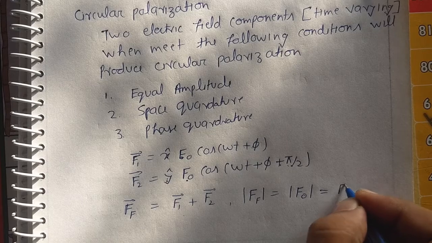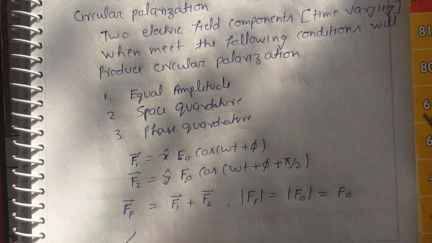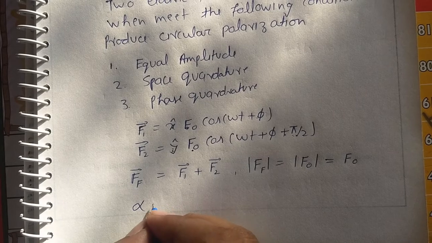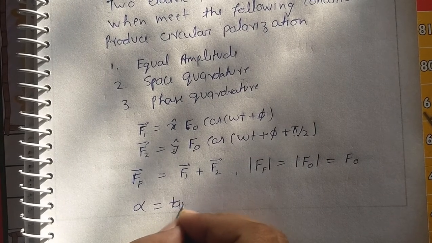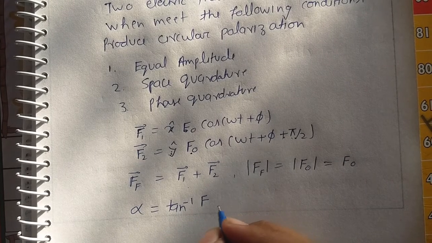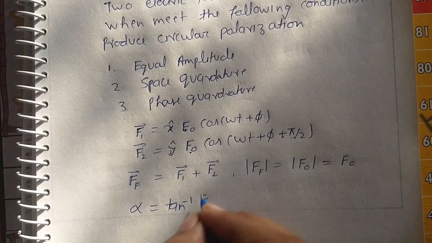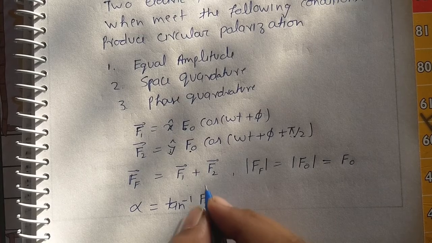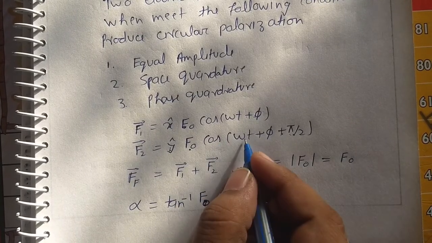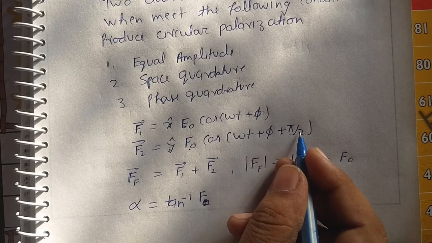Okay, you can write here F naught. And angle of polarization alpha equal to tan inverse F2 by F1. So it will come F naught cos(omega t plus phi plus pi by 2).